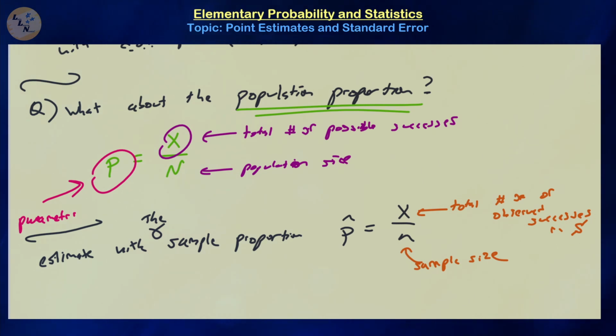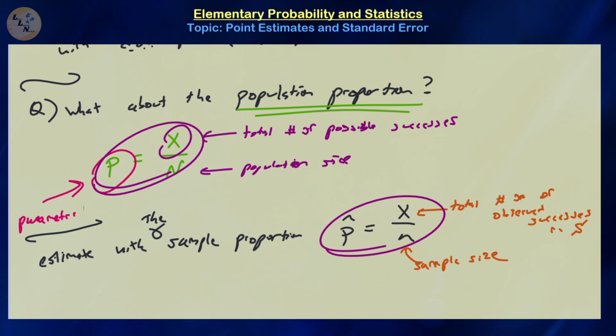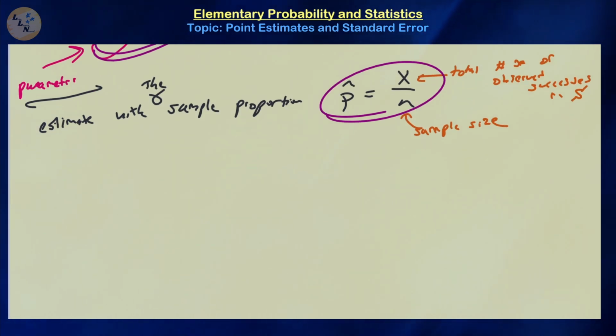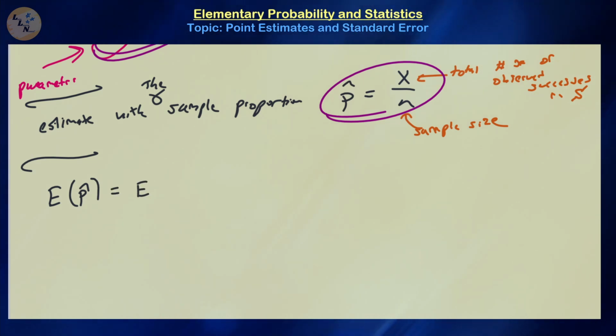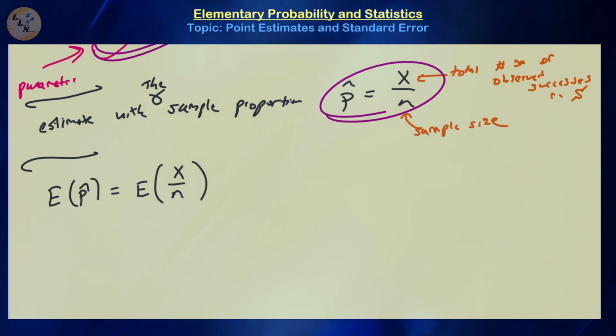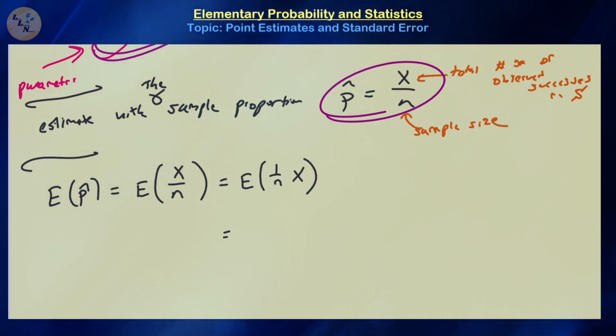So again, is this object an unbiased estimator for that object, we should be able to prove that. So the expected value of p hat is going to be equal to the expected value of capital X divided by n. Keep in mind this is actually the same as the expected value of 1 over n times x. 1 over n is a constant, so that means that's going to be equal to 1 over n times the expected value of x.